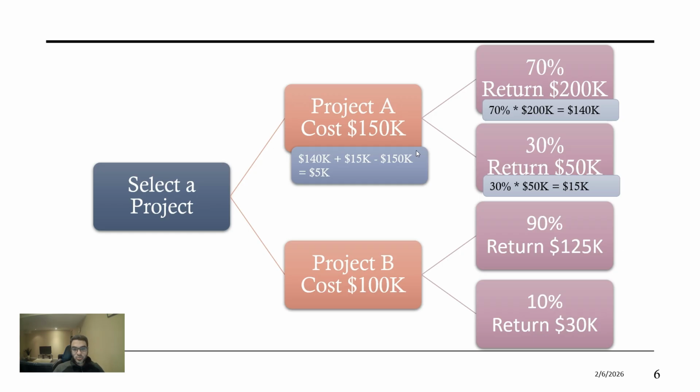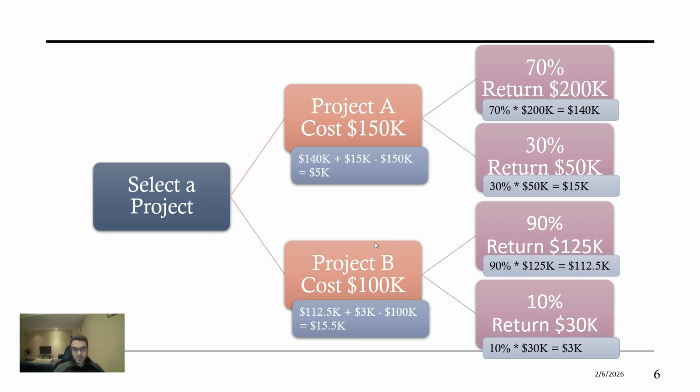As we go backward, we add all the positive returns and deduct all the costs, expenses, losses. The final result is the EMV, the expected monetary value. We do the same for the next alternative. And now we can see the difference between the two options.